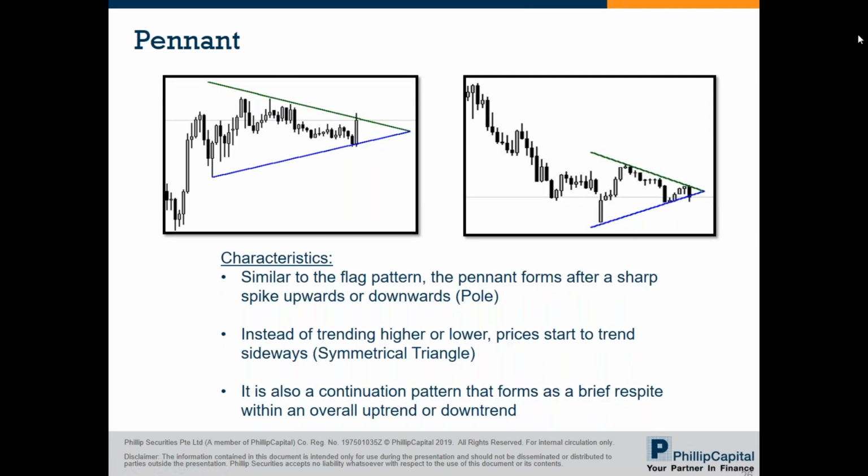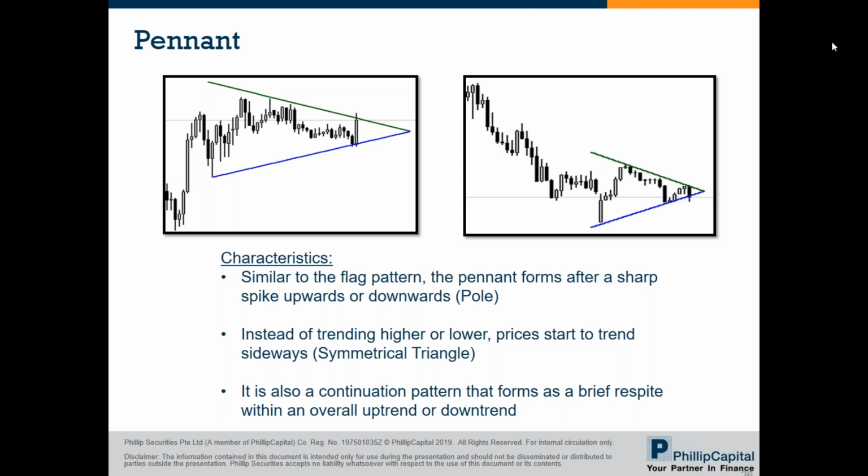Pennant. So the pennant looks something like a flag, right? The only difference here is that you notice in a flag, but in the same way, there is also a formation of a pole that is expected where prices swing upwards or downwards significantly to form a pole pattern, and instead of trending higher or lower as in the flag pattern, it trends sideways, right?